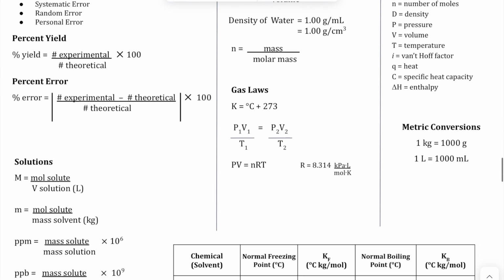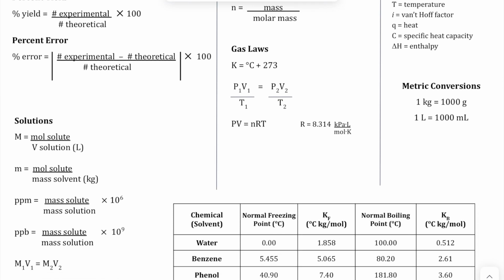If we look at our formula sheet, our colligative property formula is down here in the bottom left. We also have this table, and on the table, it's giving us the normal freezing points for a selection of solvents. It's also giving us the K values for that solvent for freezing, Kf. And then we are also given normal boiling points and then Kb for those solvents as well.